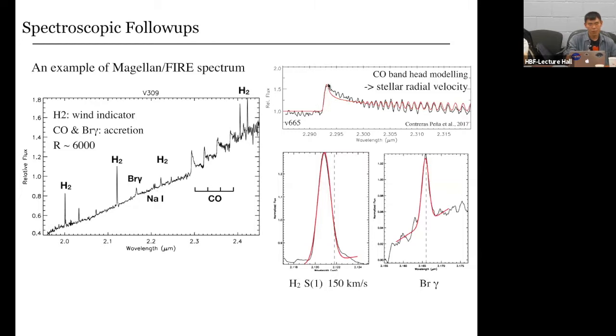We can fit the CO emission profiles with models, and then define both the temperature and density of this area, and also the radial velocity of the star. We also find that molecular hydrogen emission always has a blue shift compared with other lines, about 100 kilometers per second, which means they are found in the outflow or jet.